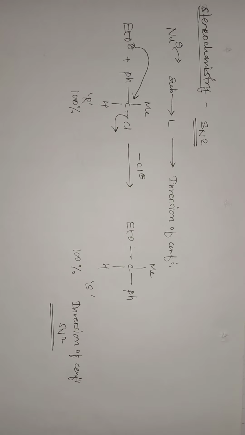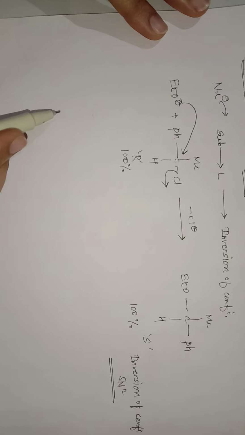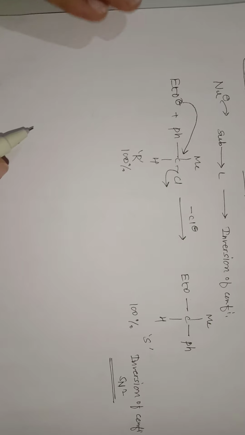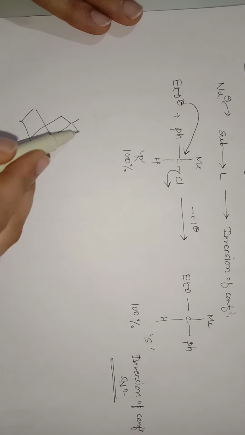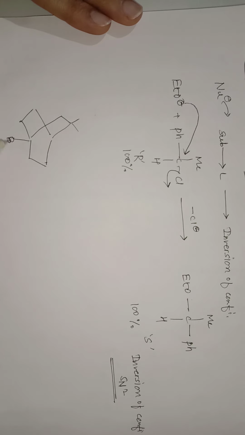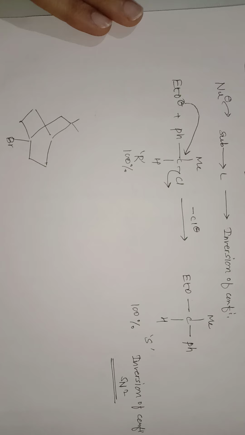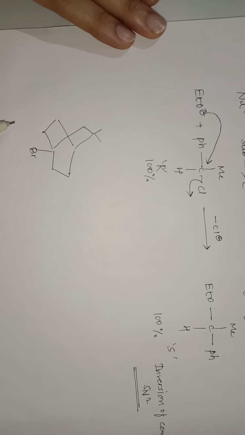The last point was substitution at bridgehead carbon atom. So suppose we have one example like this. This structure is 1-bromo 3,3 dimethyl bicyclo.